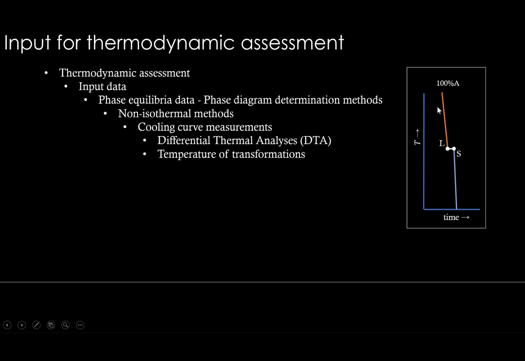Take any composition, go to really high temperature, cool it down and see where the changes in the slope happen and mark them as the transformation points, translate them to phase diagram, if you remember that. So this is done through this technique called differential thermal analysis, DTA, and it notes temperature of transformations against time. It's quite useful especially to measure solidus and liquidus points.